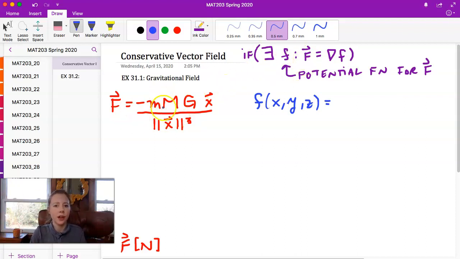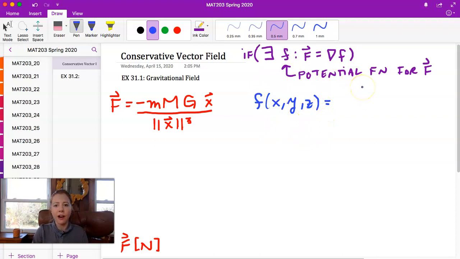So in terms of r, where remember r squared is equal to x squared plus y squared plus z squared. And so here, this potential function, f, is going to be gravitational potential.